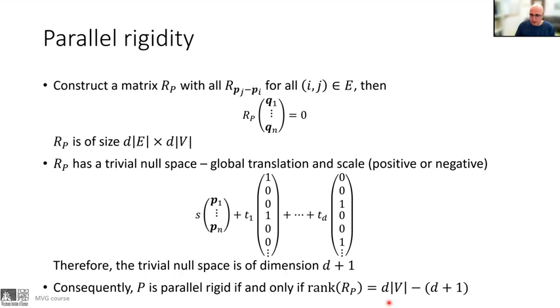And if we don't have anything more in the null space, that means that nothing but the trivial transformations give you parallel conformations. So this is basically how you prove that you need to find a subset in your graph that has this number of edges.